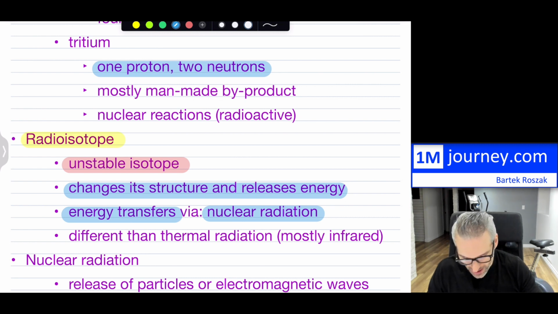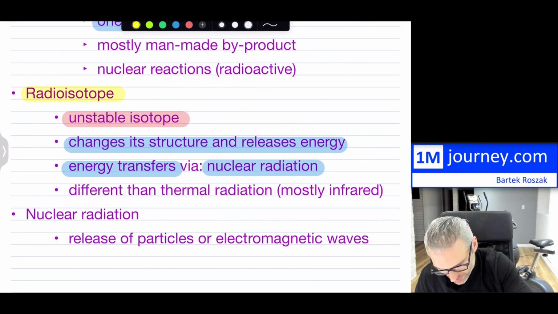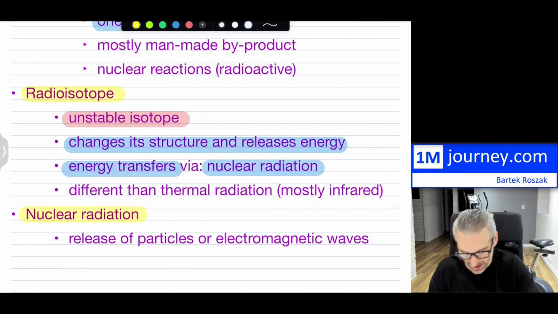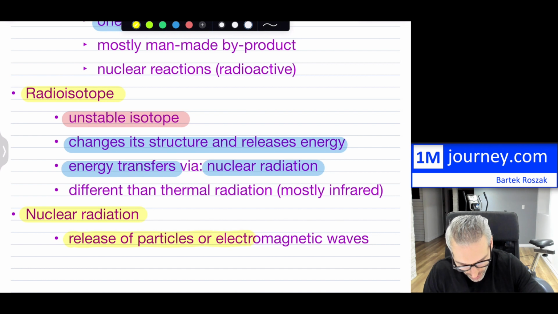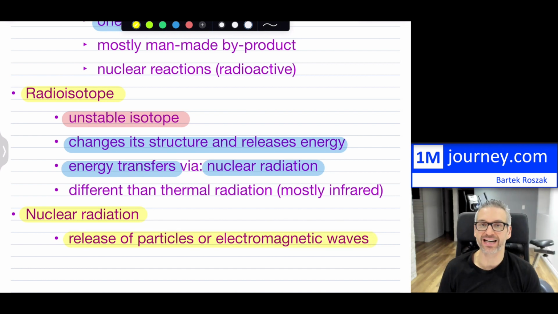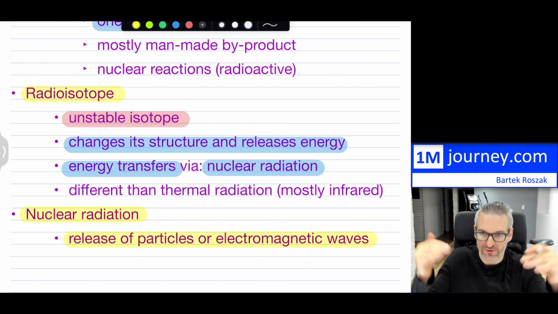So in the nuclear radiation, what you see, and you're going to be learning on this further, this is just an introduction, is the release of the particles or electromagnetic waves which are coming from the unstable components of the actual isotope. So this is now radioisotopes that we have. And it releases these out, it transfers those out.